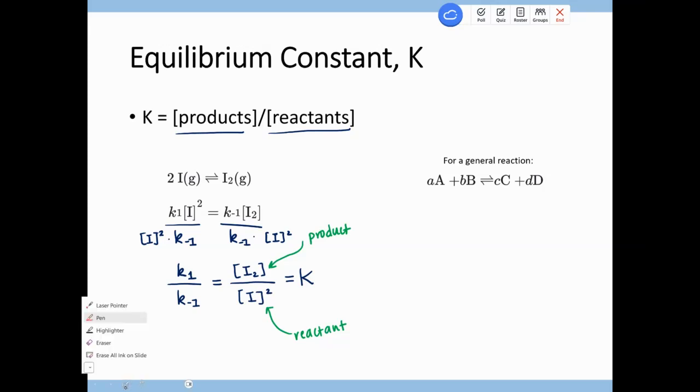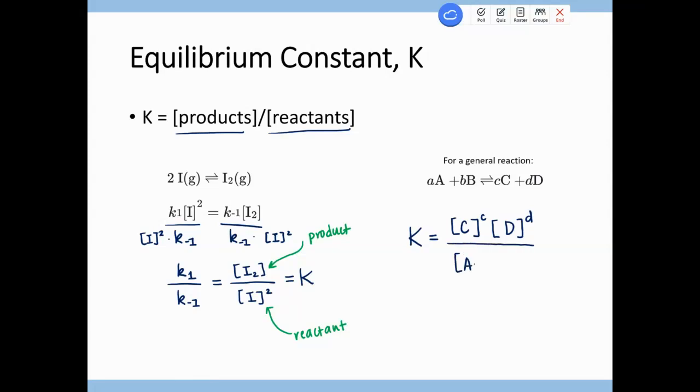So for a general reaction where we have reactant A with coefficient lowercase a, reactant B with coefficient lowercase b, products C and D, K is the concentration of each product raised to the power of its coefficient divided by concentration of each reactant to the power of its coefficient.